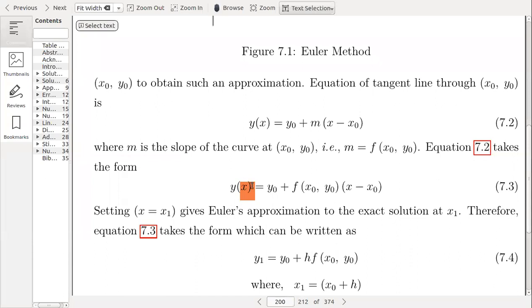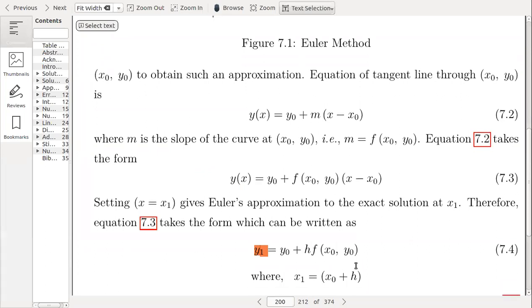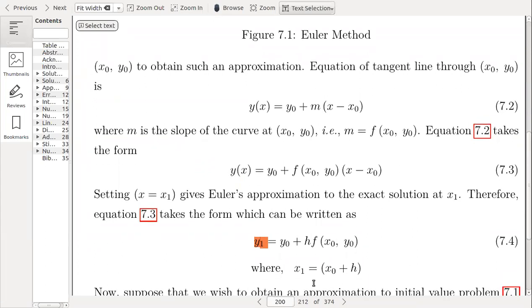So y at x1 can be replaced with y1, which is equal to y naught plus h f of x naught, y naught, where we can say that x1 is equal to x naught plus h. So this x1 can be replaced with x naught plus h.